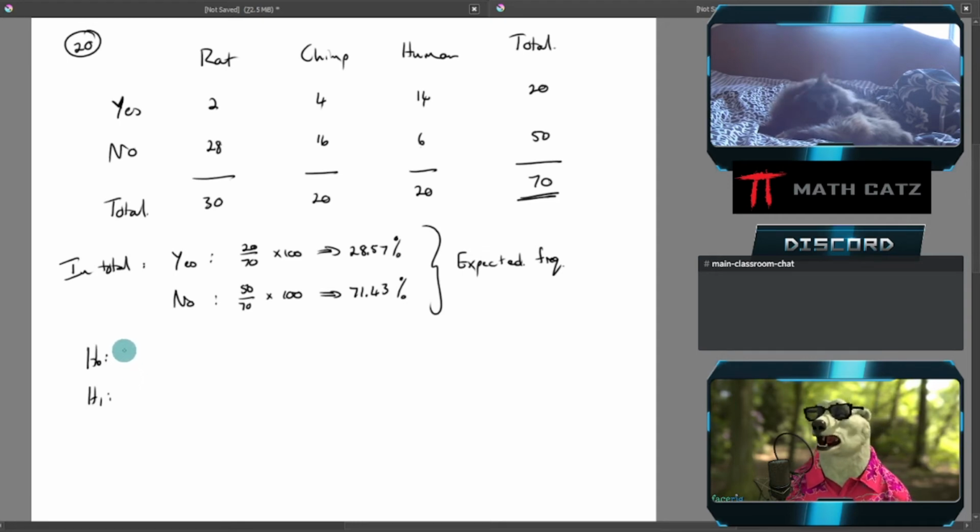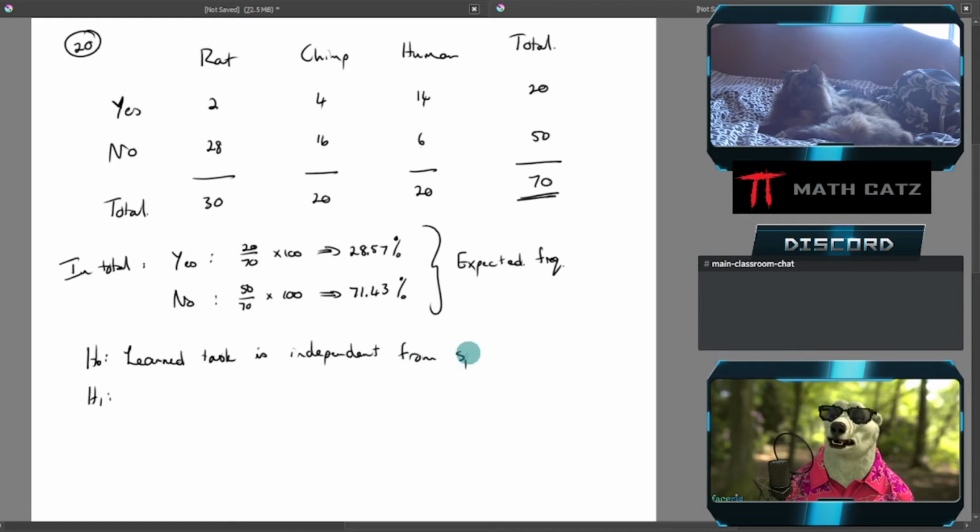So our null hypothesis is that the ability to learn the task is independent from species type. And the research hypothesis that I am hoping to get is that it's not independent.